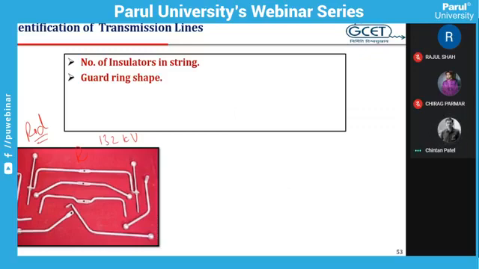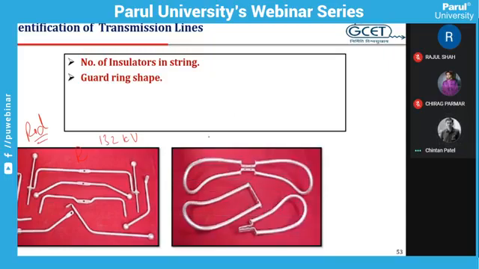Then you observe the shape of the guard ring. If it is rod type, then simply it is a 66 kV or 132 kV transmission line. Then either a U type or this C type guard ring is used beyond 132 kV. It may be a 220 kV transmission line. This type of guard ring is used.